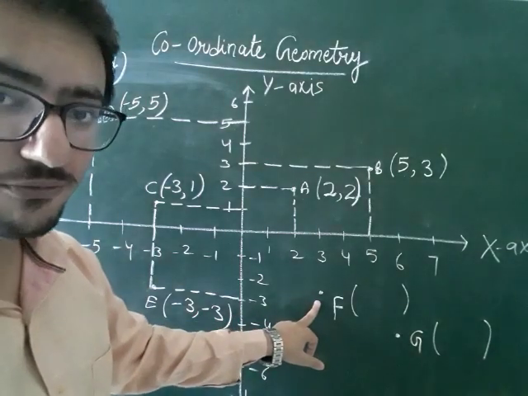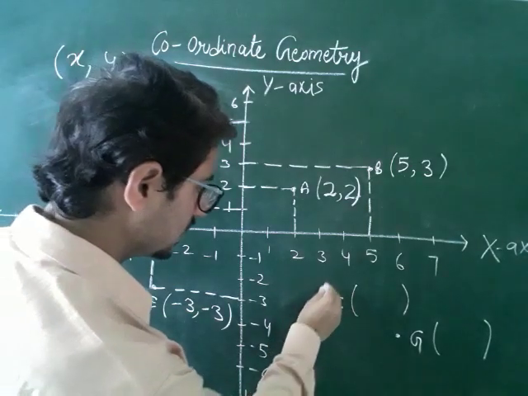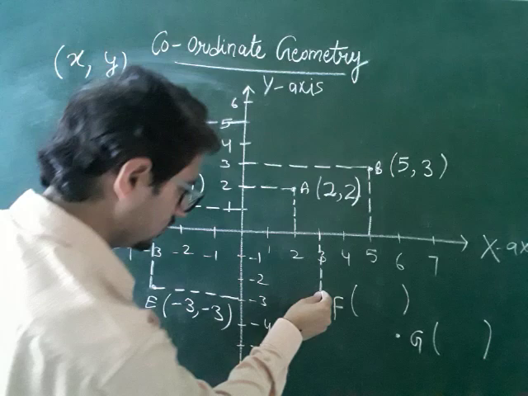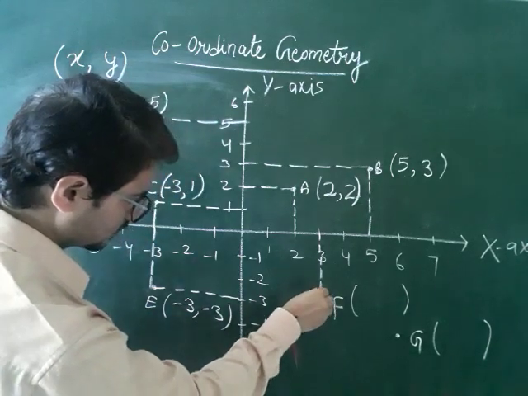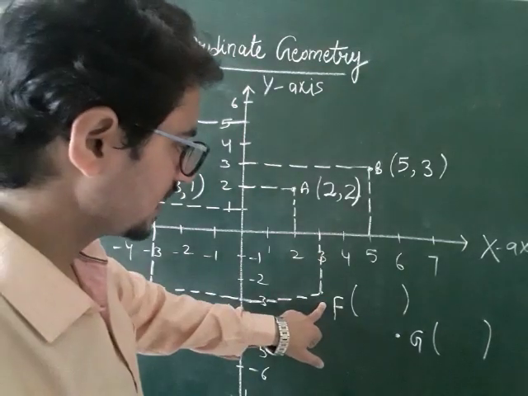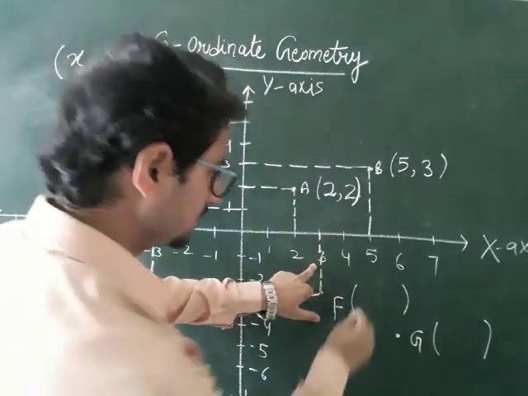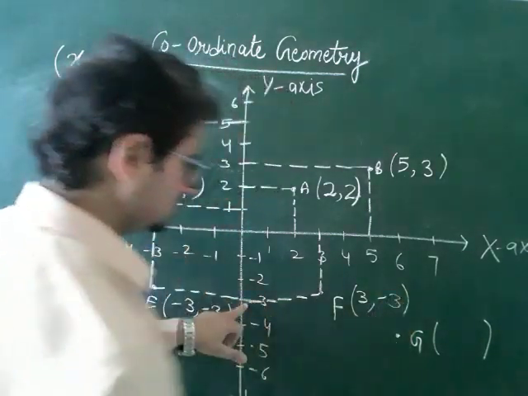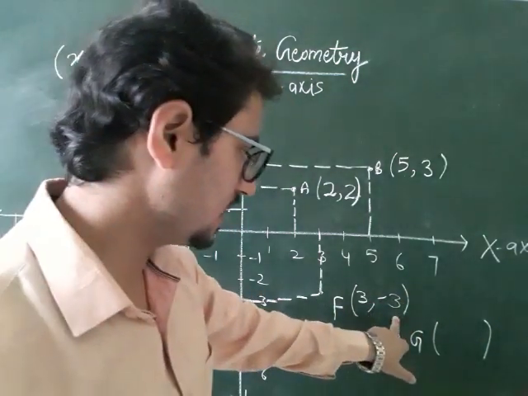Move on to point F. Draw a perpendicular line from point F on x-axis and one on y-axis. First we will write the value of x. x is +3 here and y is -3 here. This is the coordinate of F, 3 and -3.